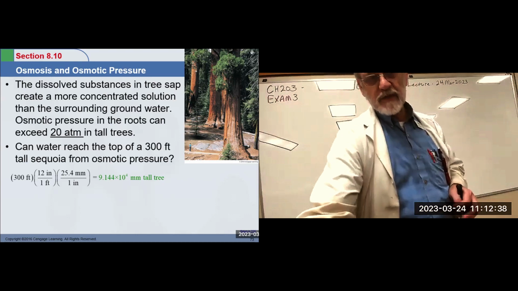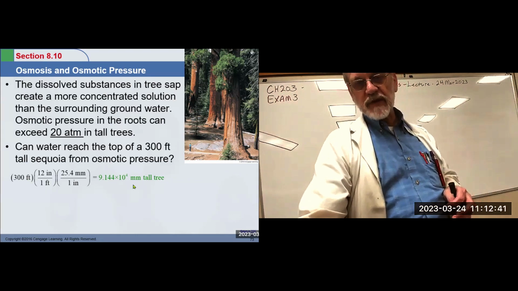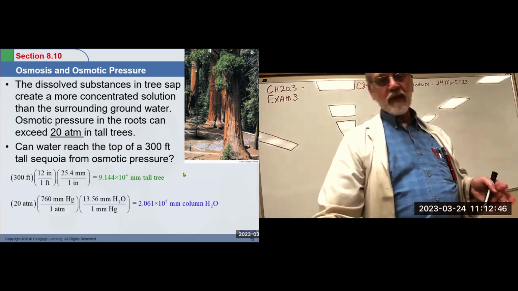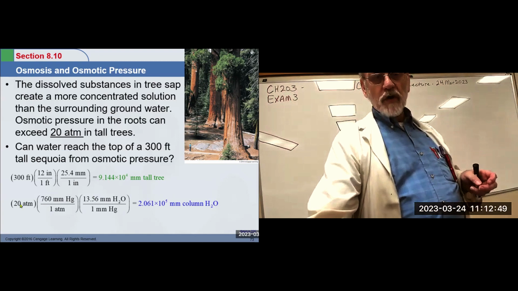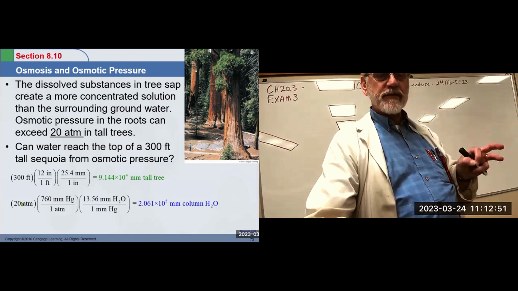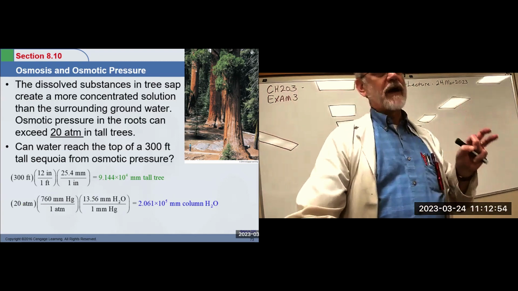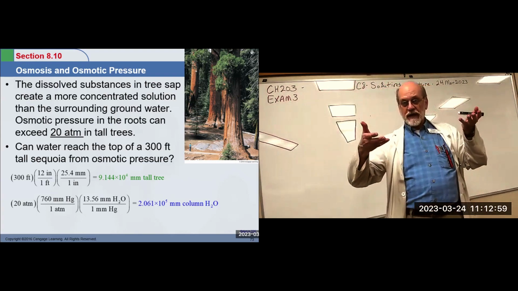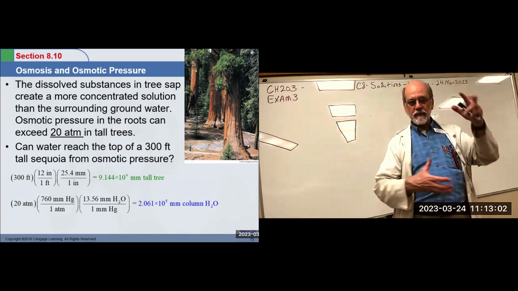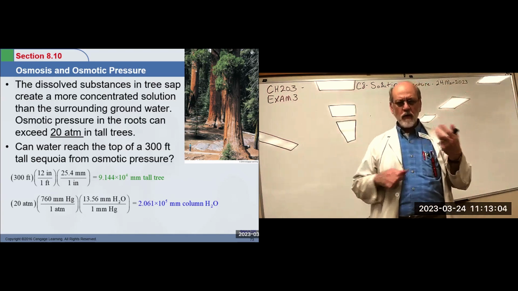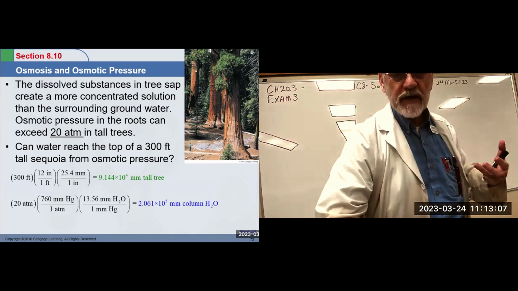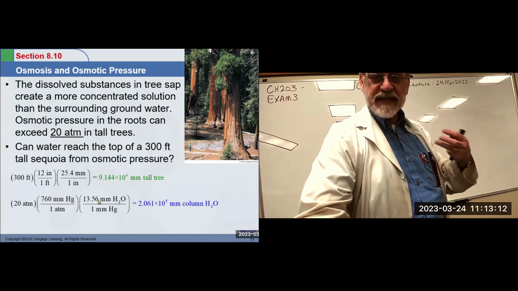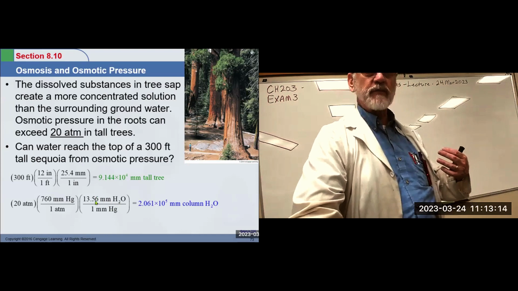Well, we need to convert to millimeters first. So let's take 300 feet and convert it to millimeters. That's how tall the tree is in millimeters. Why do we do that? Because we're going to change 20 atmospheres to millimeters of water, right? 20 atmospheres can be changed to so many millimeters of mercury, right, in a barometer that we studied last time. But we're using water. No, we're not using mercury. So we have to incorporate the specific gravity, the difference between density of water and mercury, which is 13.56.